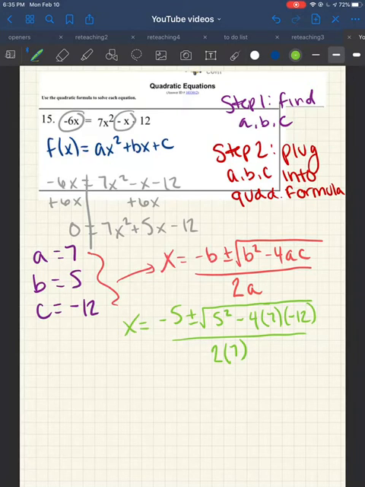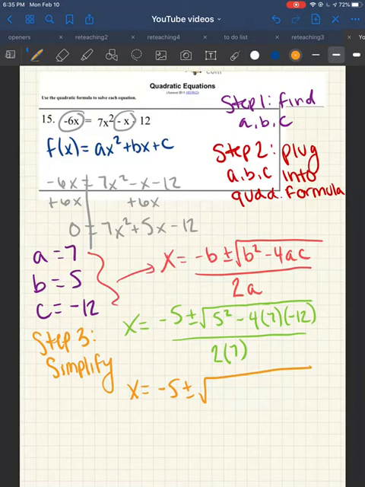Okay, so from here I'm going to simplify. So step 3, simplify. So I've got x equals negative 5 plus or minus the square root of 5 squared, which is 25.